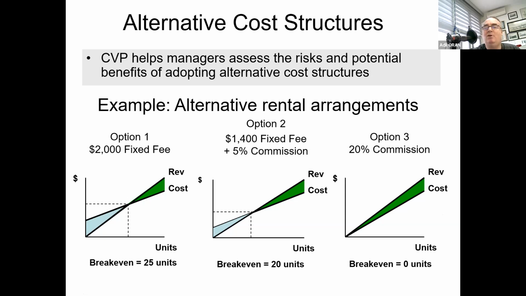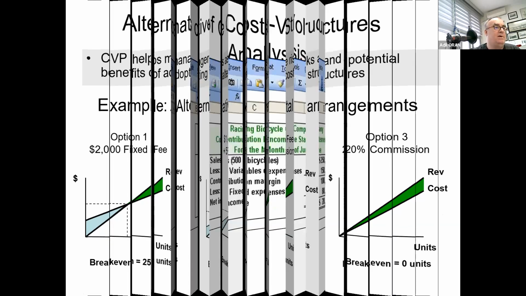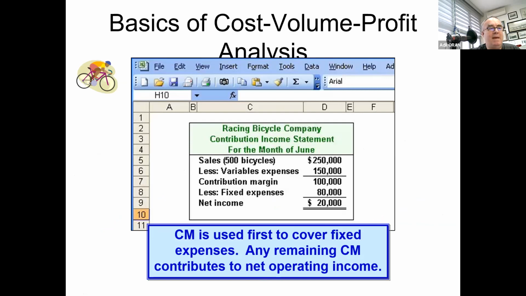So let's take a look at some actual numbers. So here we have a company that makes bicycles, and they sell these bicycles for $500 each. And if the company is able to sell 500 bicycles for $500 each, what do we have? We have 250,000 of sales revenue, total revenue.